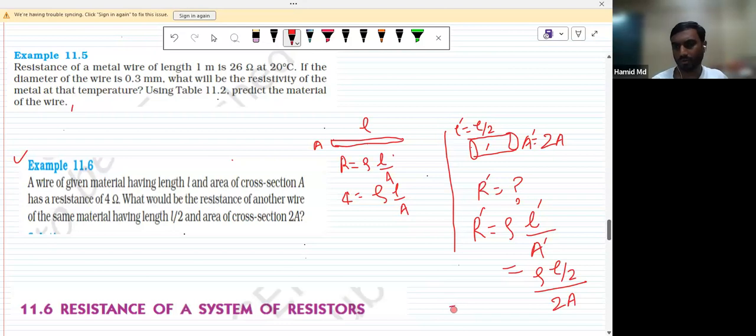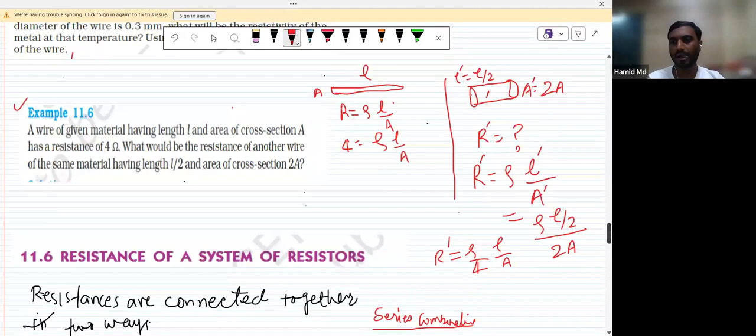So R prime is equal to rho, or this will be 1 by 4, 1 by 2 times 1 by 2, which is 1 by 4, times L over A. The calculation is clear? Yes, sir.